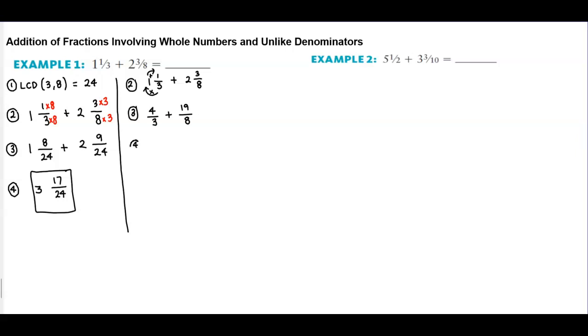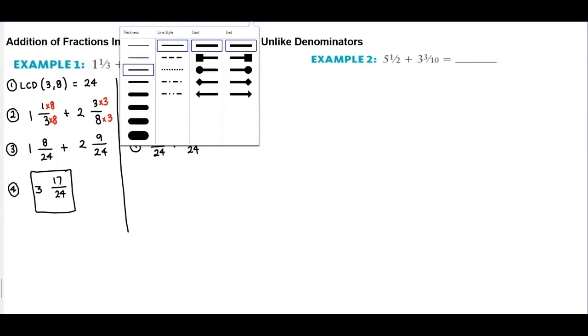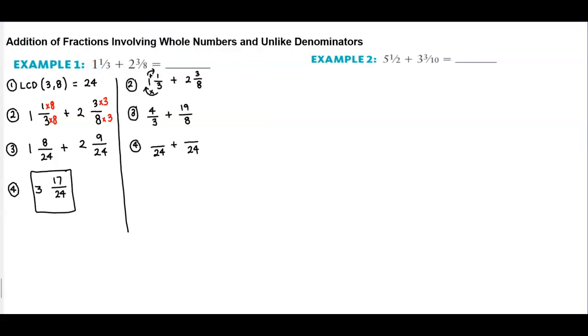Okay, now that we know that our common denominator is 24, we need to ask ourselves, 24 divided by 3 is 8, so 3 times 8 is 24. We're going to multiply 4 times 8, which then gives us 32.